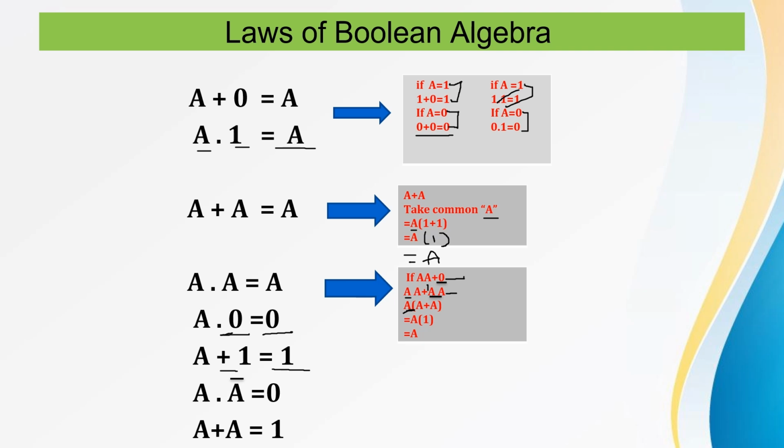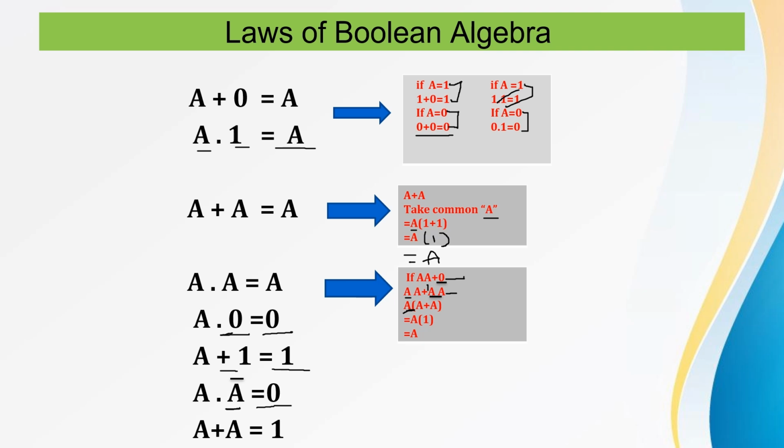Next, A dot A bar equals 0. A bar is the complement of A. So if one of the inputs of an AND gate is always 0, then the output of the AND gate will always remain 0, right?